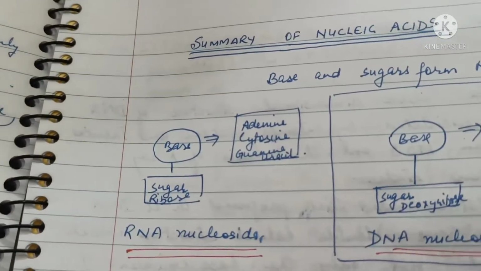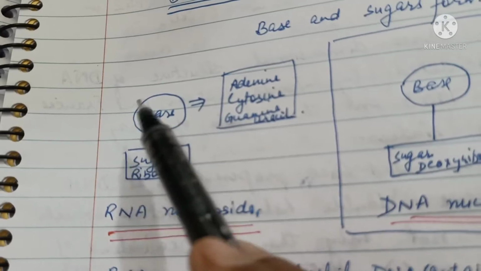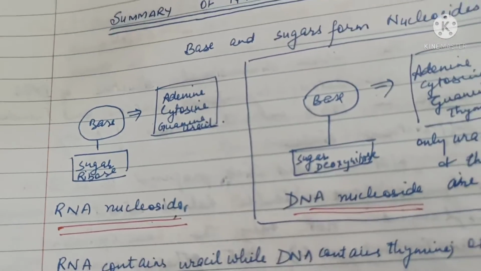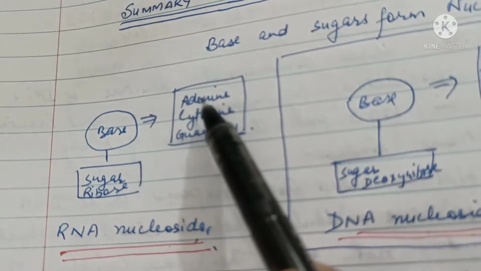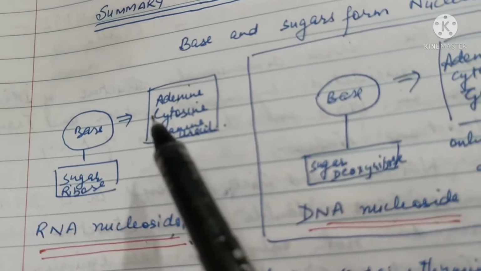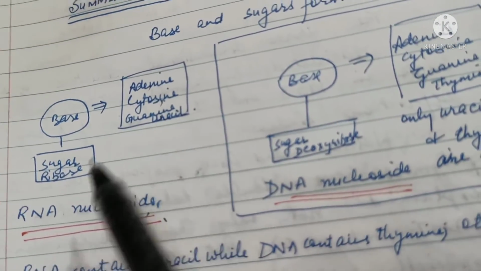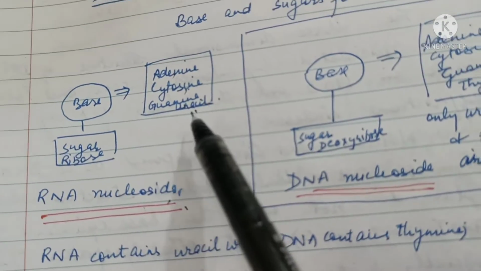So, a summary of nucleic acids: we have a sugar, then a base, and this is a nucleoside. When it is attached to phosphate, it becomes a nucleotide. If the base is adenine, the nucleoside is adenosine; cytosine, cytidine; guanine, guanosine; and uracil, uridine.